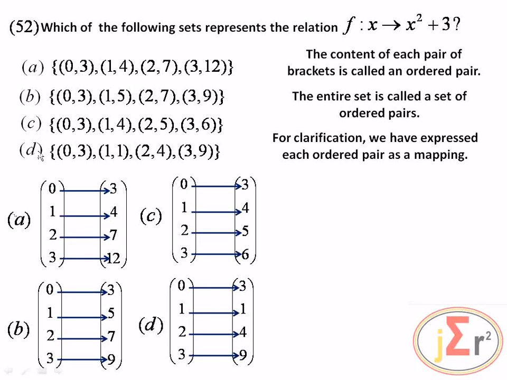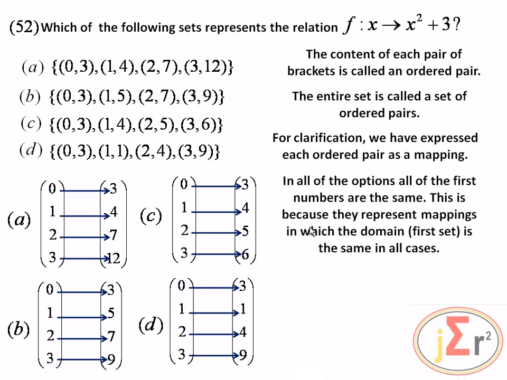We have in A, 0 maps to 3, so we have 0, 3. We have 1, 4; an ordered pair means that 1 is being mapped to 4. 2, 7 means 2 is mapped to 7. 3, 12 means that 3 is mapped to 12, and so on. So I think that is good enough to clarify the significance of the ordered pairs.